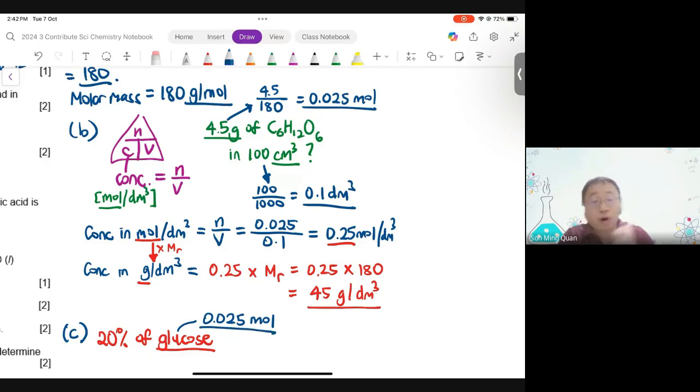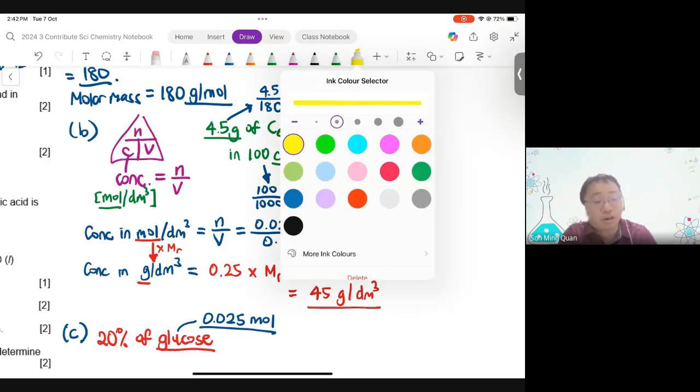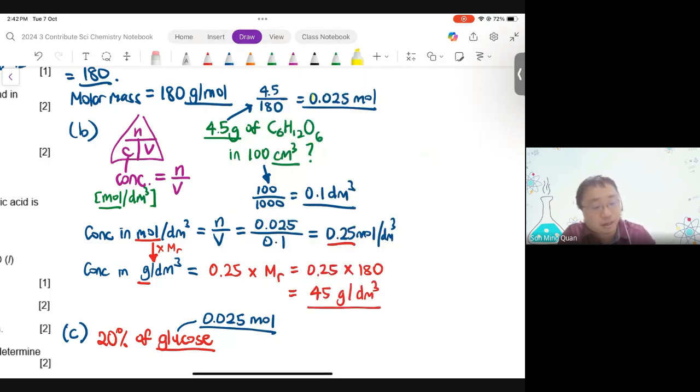You have already worked this out. Where do you work this out? Here. Right? You have already worked out 0.025 mole of glucose because you took 4.5 gram divided by the Mr.